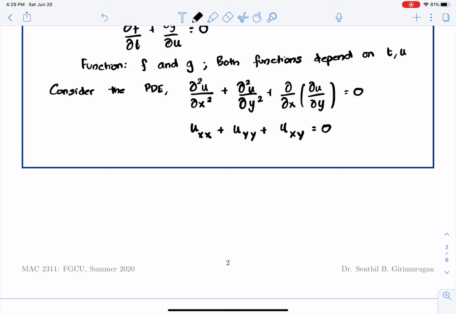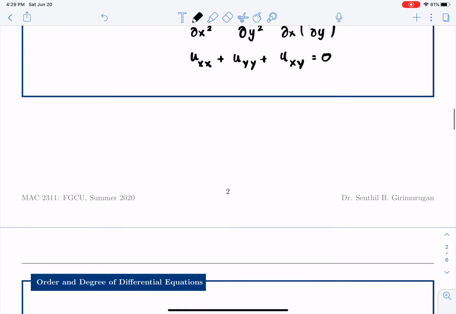In many cases, the order matters, so u sub xy may not be the same as u sub yx. So I'm putting xx here because I have partial u squared divided by the partial x squared.